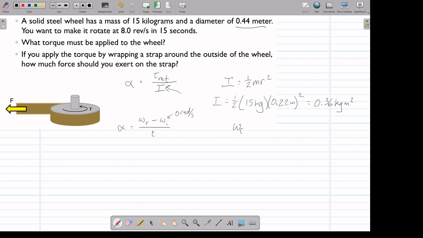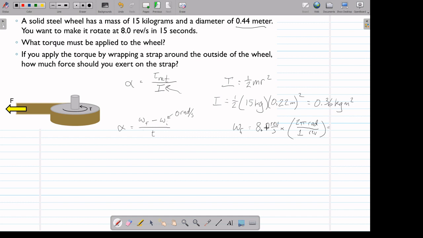So omega F is equal to 8.0 revolutions per second. We're going to bring revolutions to the bottom and put radians on top. We know that 1 revolution is equal to 2 pi radians.